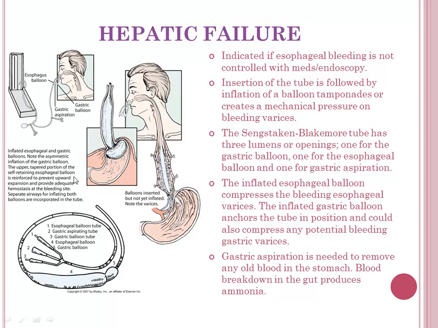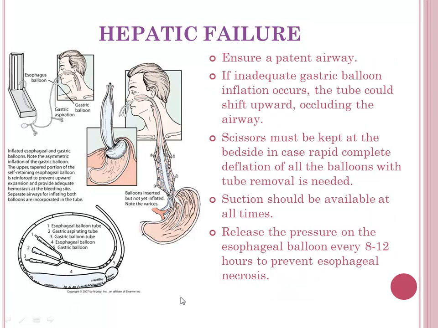So we'll be removing gastric secretions, using the balloon in the stomach to anchor the tube and/or to compress the gastric varices, and then you have this huge balloon in the esophagus that will compress the esophageal varices. Again, gastric aspiration is needed if there's any blood in the stomach. Not only do we want to decompress it because it'll make the patient very nauseated, but we also want to get rid of that blood in the stomach, because remember, blood as it flows through the GI system will be broken down and will produce ammonia.